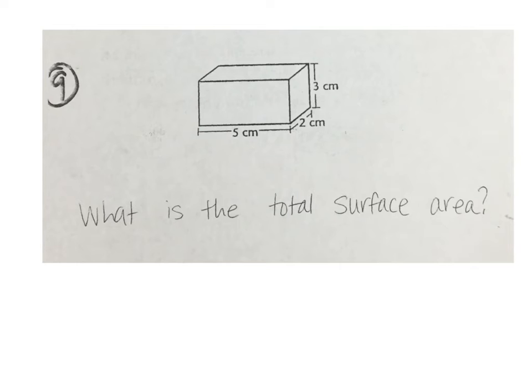All right, last one of the review, okay, number 9. What is the total surface area? All right, so good. So total surface area, it's a rectangular prism. So let's write our formula. pH plus 2b. Okay, so let's shade in the base that we're going to use.